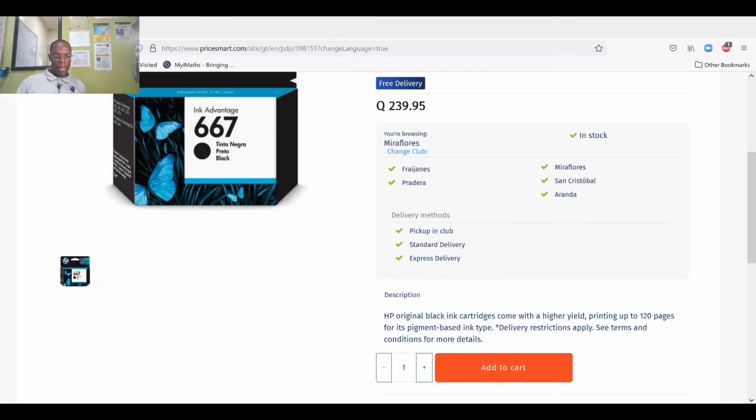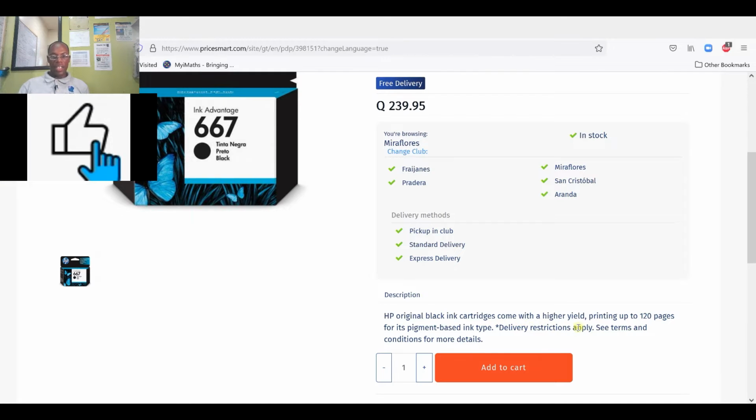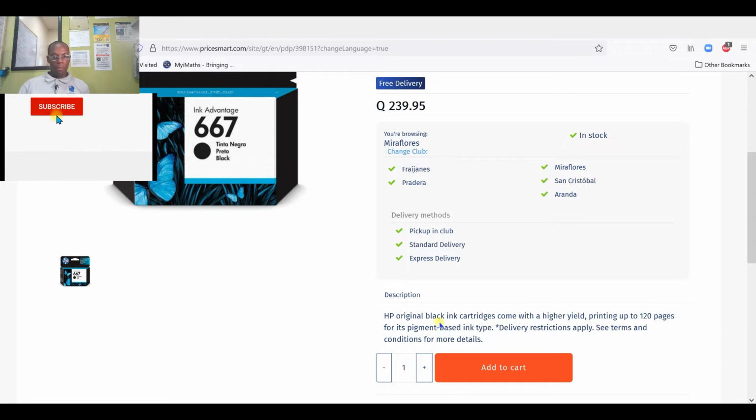Alright, so I did a Google search here, and I found that the 667 cartridge, look at what it says here. It says HP original black ink cartridge comes with a higher yield, printing up to 120 pages for its pigment-based ink type.